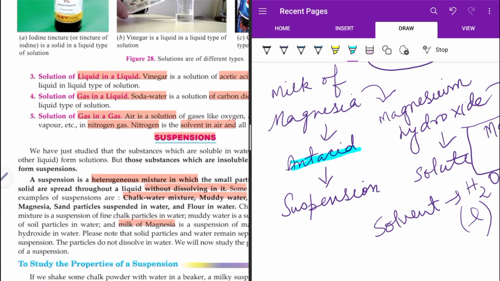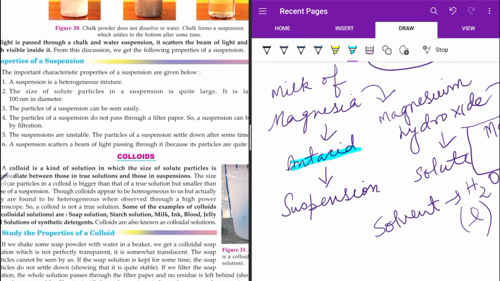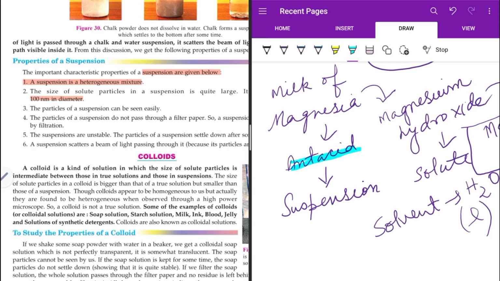Now studying the properties of suspension. Suspension is a heterogeneous mixture. This I have already said. The particle size is larger than that of the solute in a true solution, even larger than that of colloidal particles.